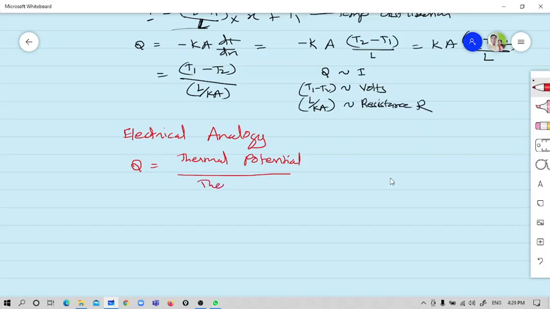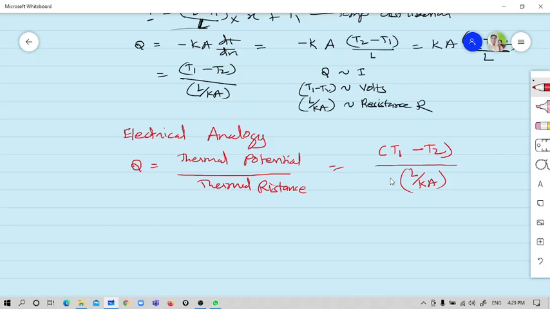Okay, divided by thermal resistance. Thermal potential is always the temperature difference. Higher temperature minus the lower temperature divided by the resistance, which is given by L upon Ka. Okay, so this is called the electrical analogy.